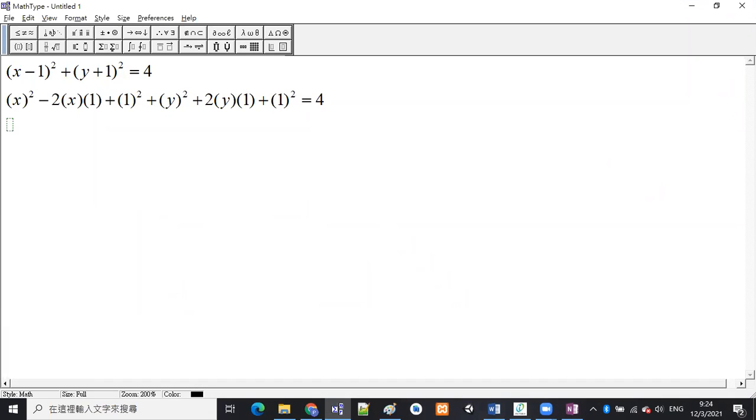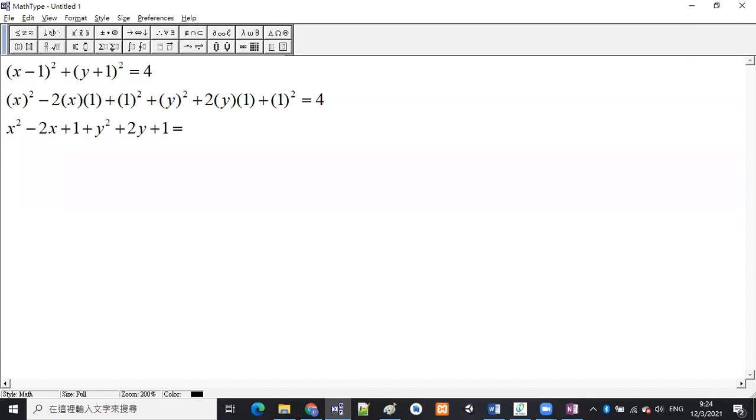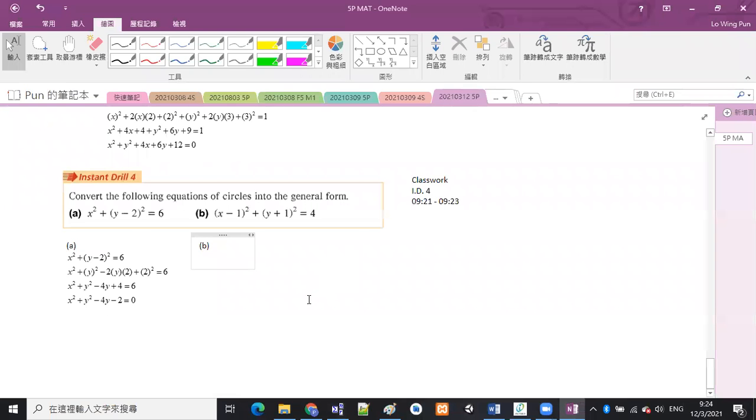And then simplifying the terms, we have x squared minus 2x plus 1 plus y squared plus 2y plus 1 is equal to 4. And then arrange the terms in correct order. So x squared plus y squared minus 2x plus 2y. And the constant term is plus 1 minus 4. That is minus 2 equals 0. And that is the answer of part B.